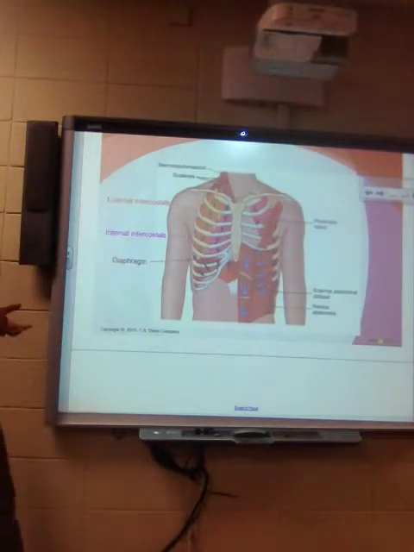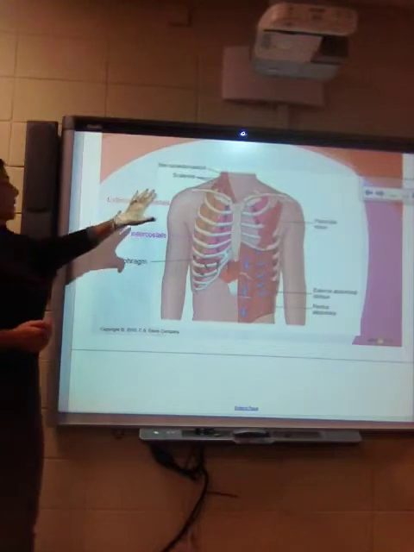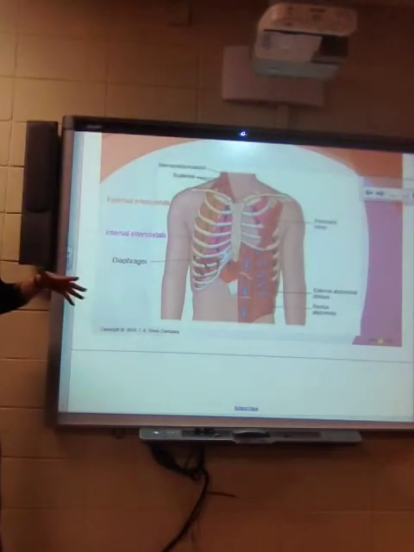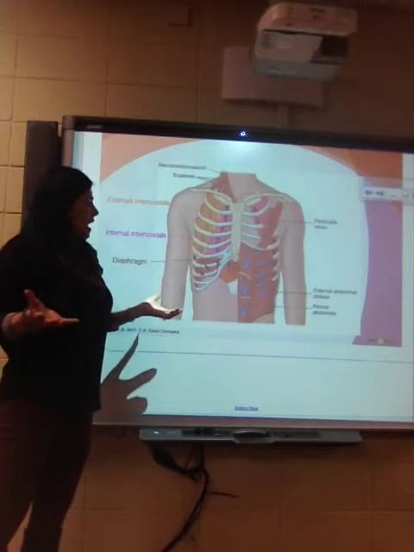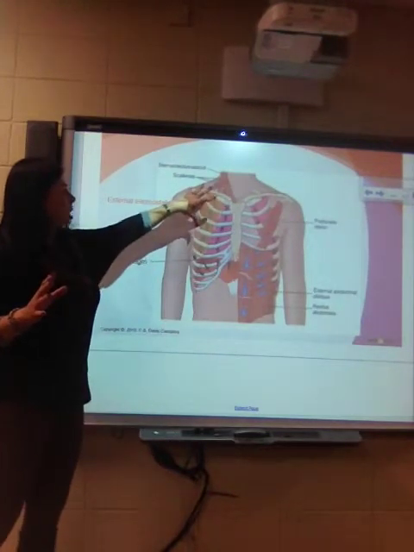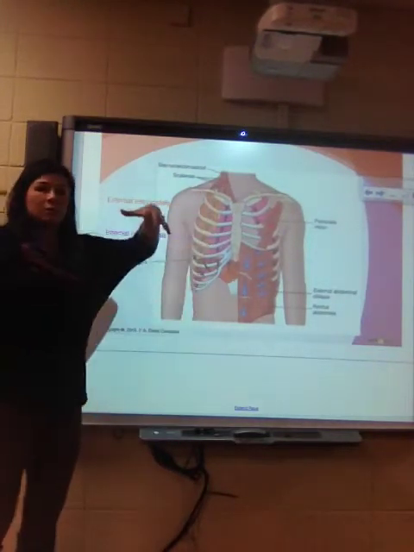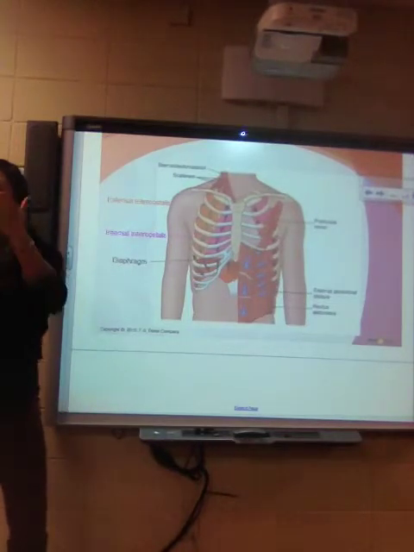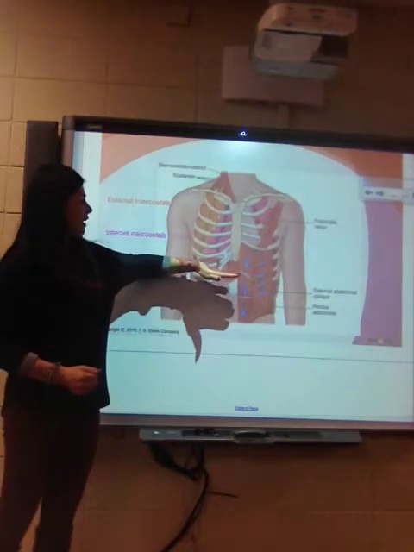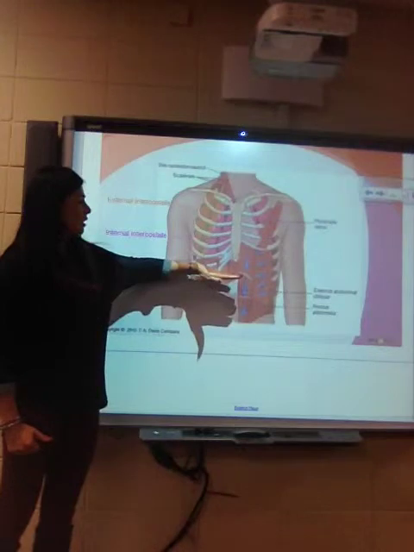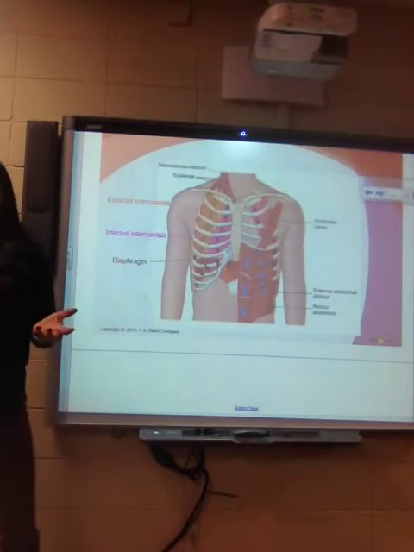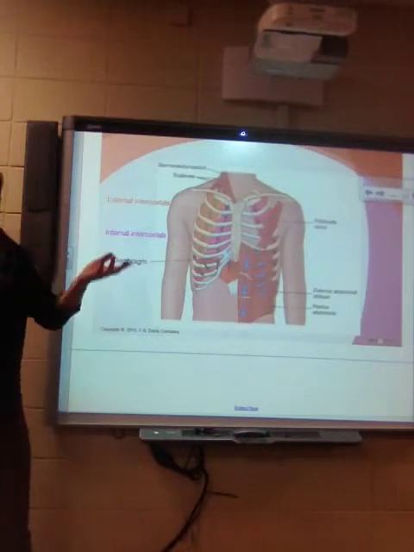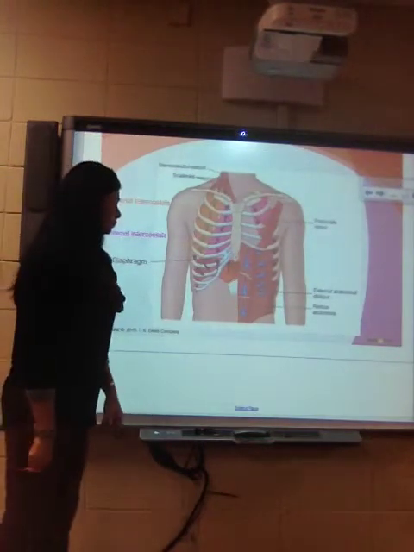But exhaling is passive because once we take that breath in, all these muscles have to do is relax. When they relax, these bones fall back down and push on the lungs to push the air out. The diaphragm relaxes and pushes up, pushing air out. Everything's relaxing and automatically pushing air out.